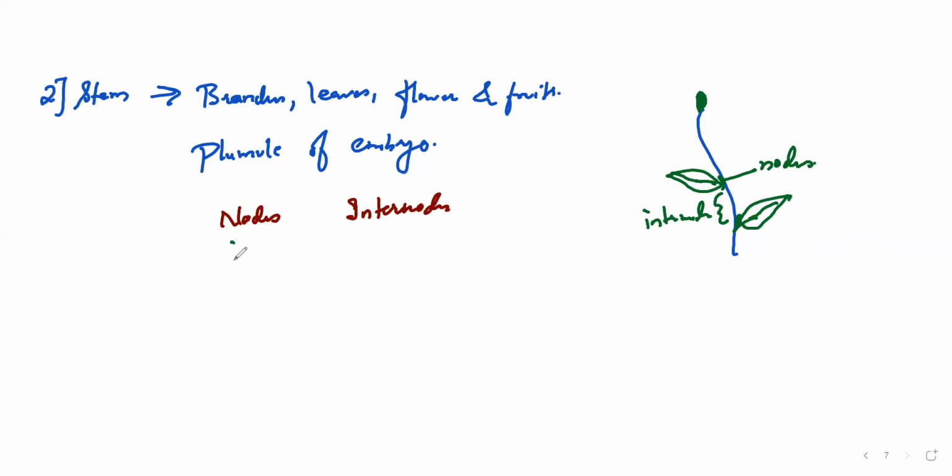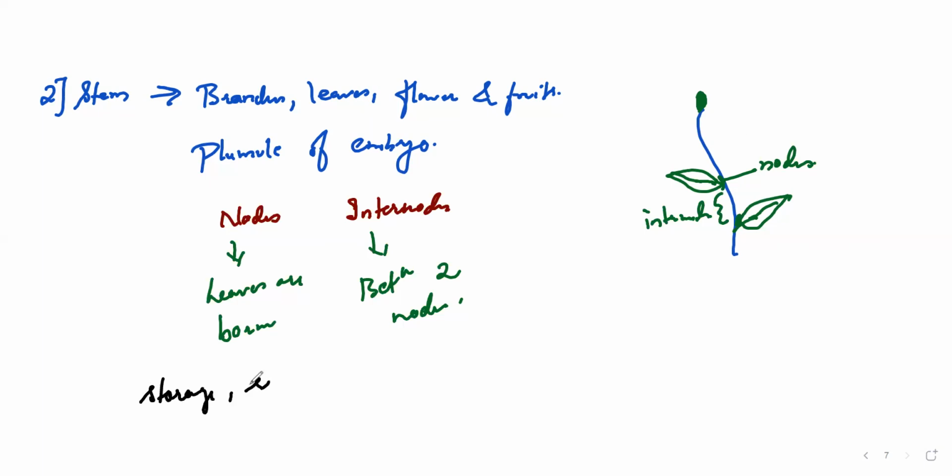Nodes means that from where the leaves are born, whereas internodes means the region present between the nodes. Basically, the stem also has certain functions such as storage, support, protection, as well as vegetative propagation.